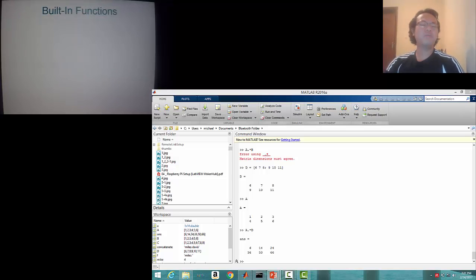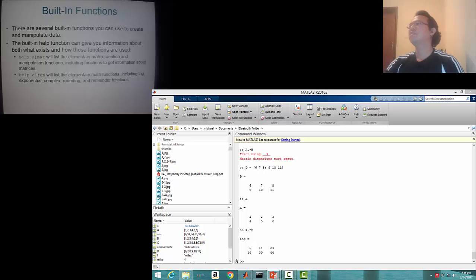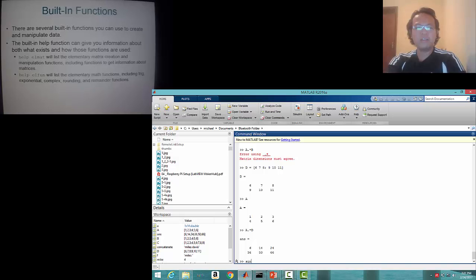Built-in functions. There are so many built-in functions in MATLAB, but we've been using some of those a while ago. We use the square root. What else? The pi. Okay, it's a function actually. So there are several built-in functions here, and you just use help elmat and then help elfun. You want to see some basic functions, like sine. What is sine of pi, for example? What is that?